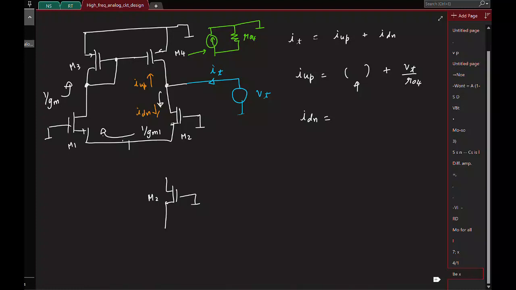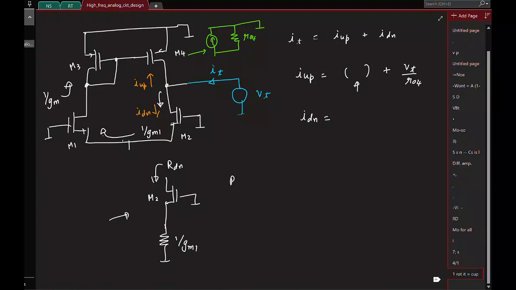So at the source of M2, I seem to have a resistance 1 by GM1 connected. Okay, and this is the R down, the impedance looking down from the drain of M2. And this reminds you of some other configuration we saw today. We have a transistor. To the source, I seem to have a resistor connected. It is basically the cascode configuration, right?